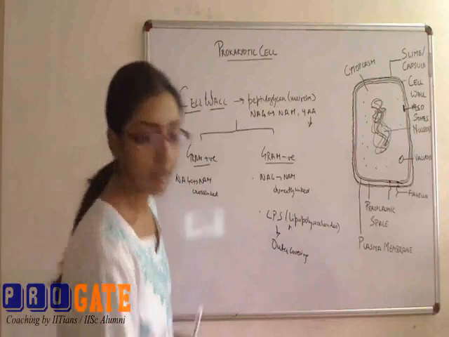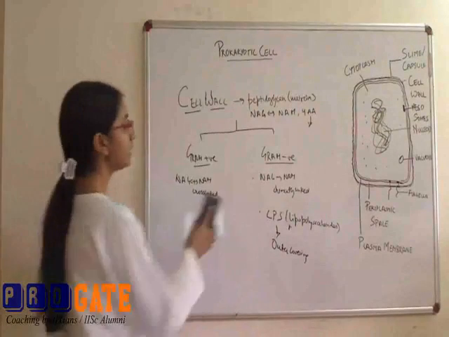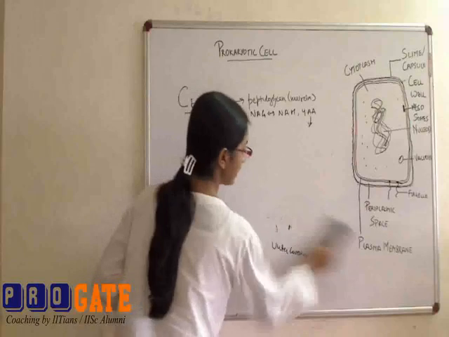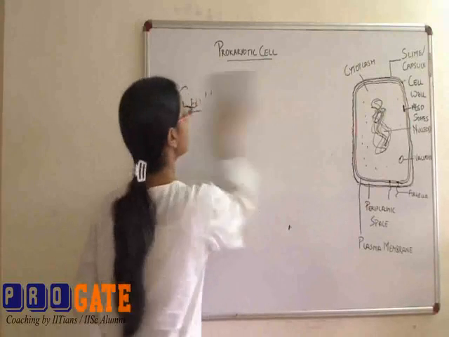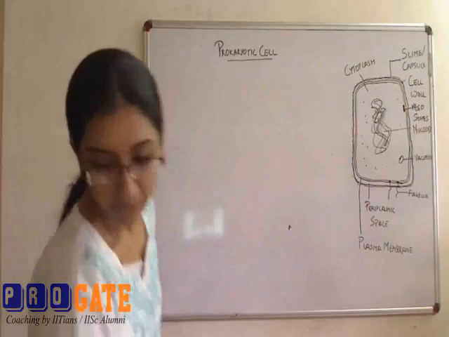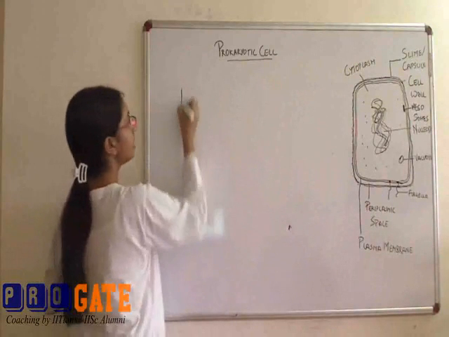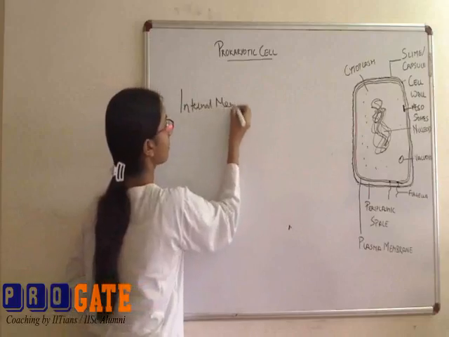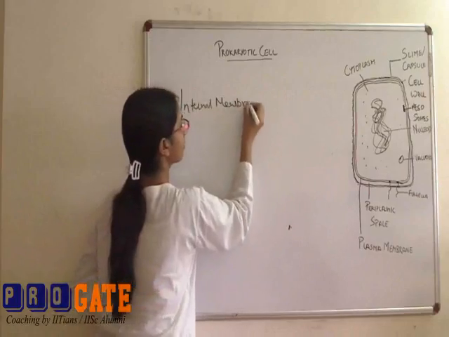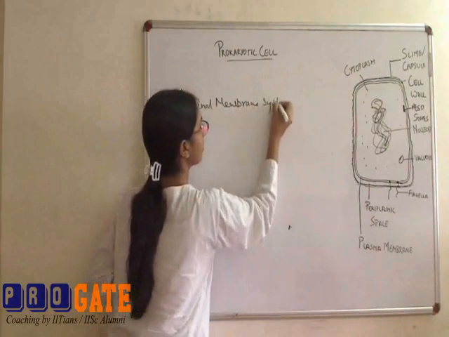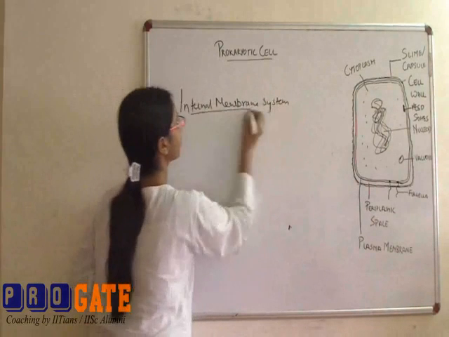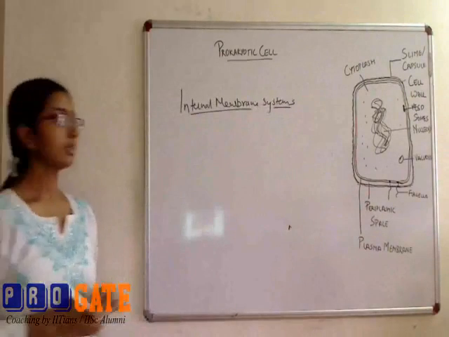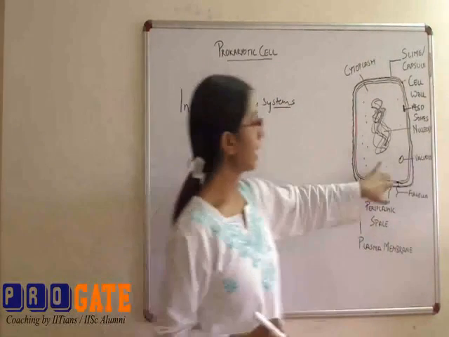So apart from the cell wall, we have various other structures present inside the bacterial cell. These structures include basically the internal membranous systems. There are various kinds of internal membranous systems associated with the plasma membrane.